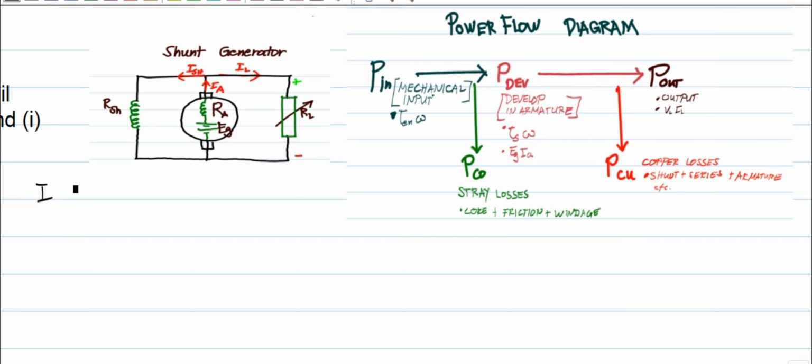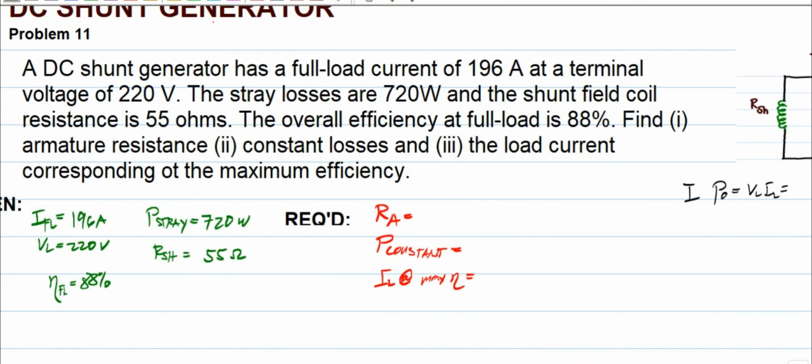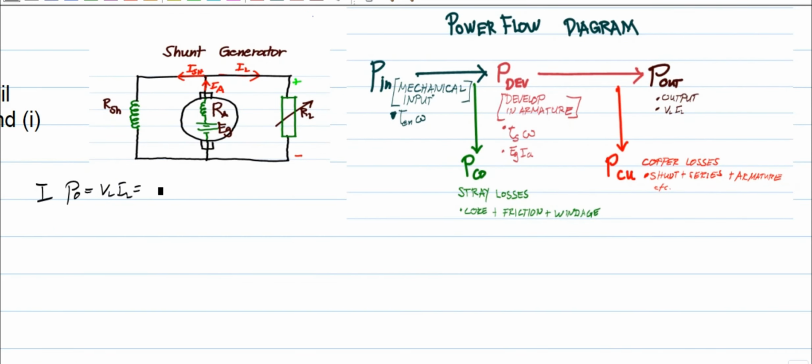We are going to find the output, or the PO. PO is equal to IL times VL, which is 220 volts times 196 amps.